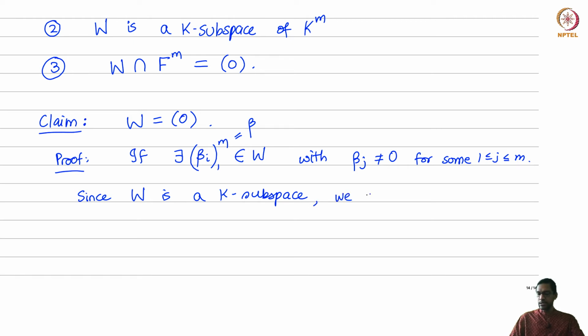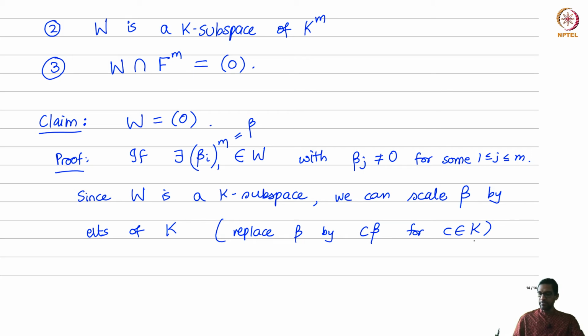We can scale beta by various scalars, by elements of K. In other words, you can take beta and multiply it by various c's. So in other words, replace beta by a scalar multiple of beta, where the scalar comes from the field K. Okay, by rescaling beta, we may assume that this non-zero element beta j is any given element.